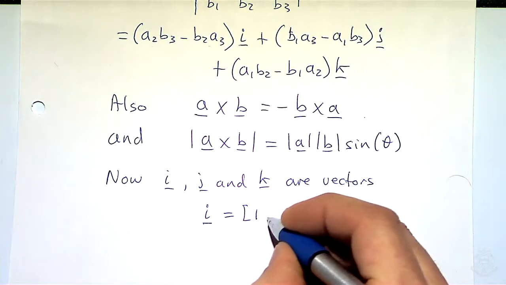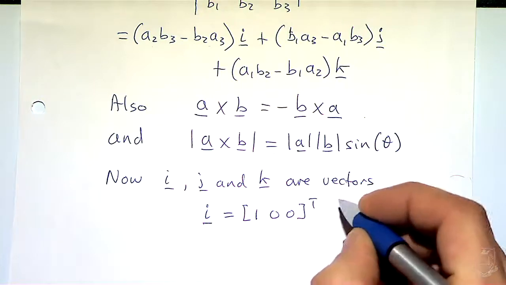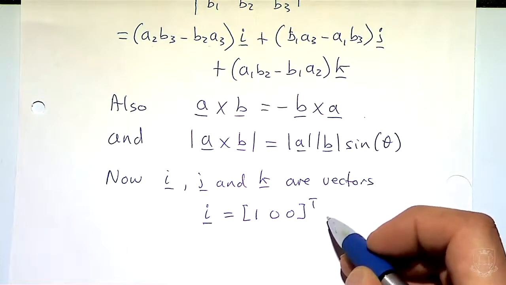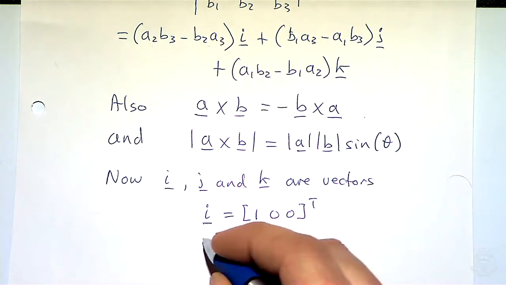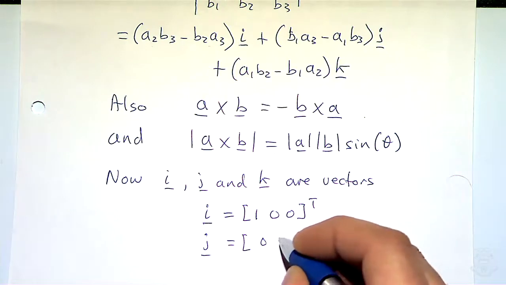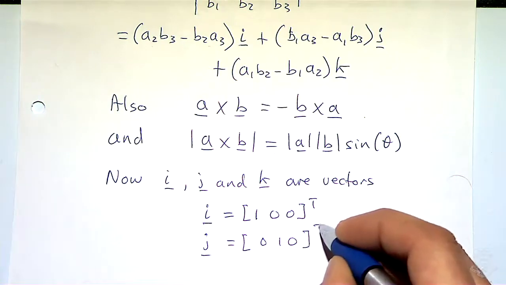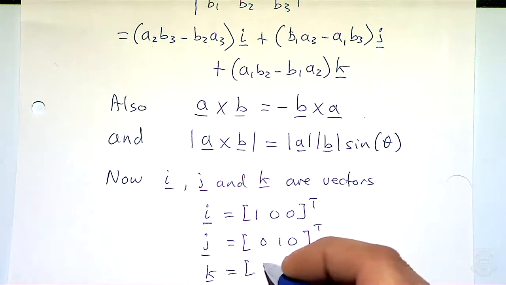In the I direction, we have 1, 0, 0. So the T means transposed. Okay, so this capital T means vector transposed, doesn't it? J is the Y direction, so that's 0, 1, 0. And then K represents the Z direction, so that's 0, 0, 1.